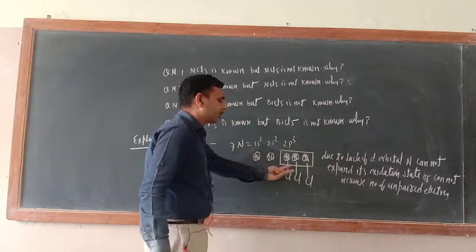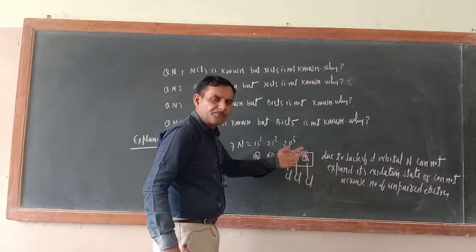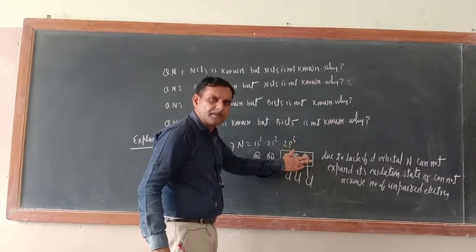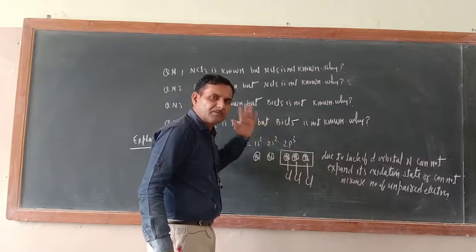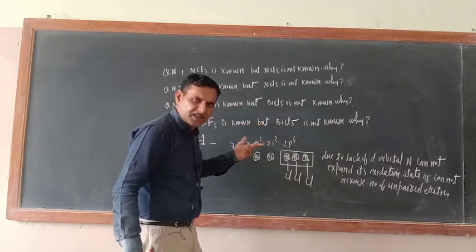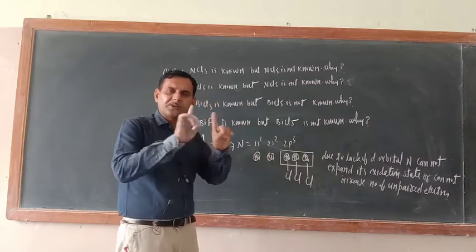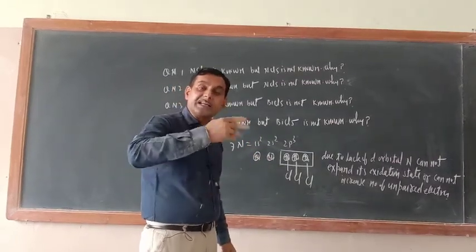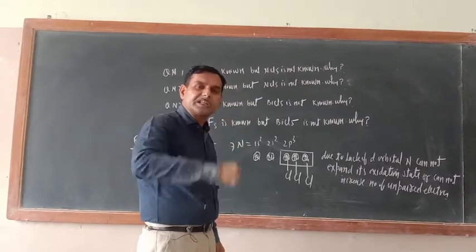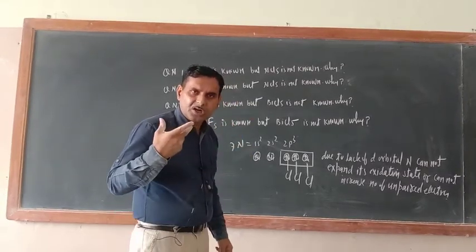overlap. So only 3 Cl can overlap now. Where will the remaining 2 Cl overlap? This is the only reason that NCl5 is not formed. Okay, I hope that you understand this one. Remember, nitrogen does not have vacant d orbitals, hence it cannot expand its oxidation state. Am I correct or not?